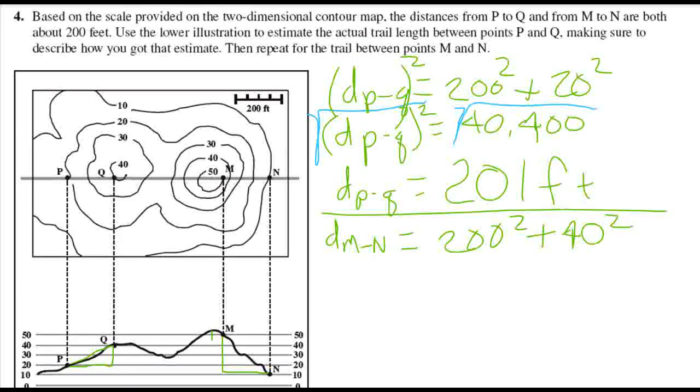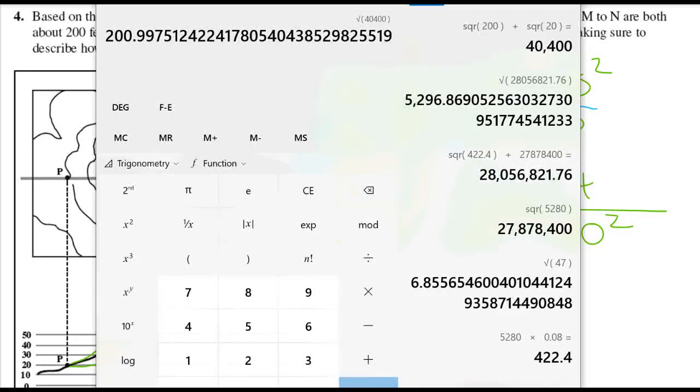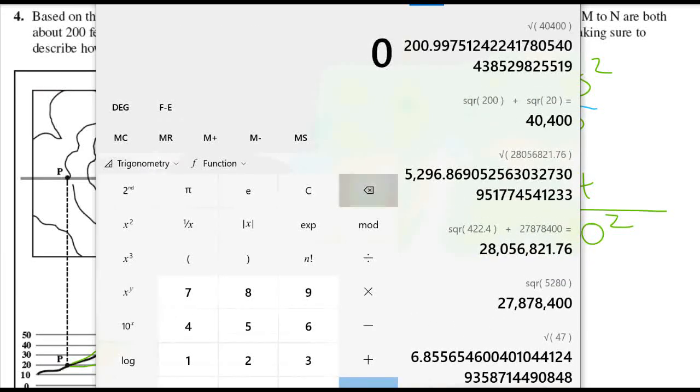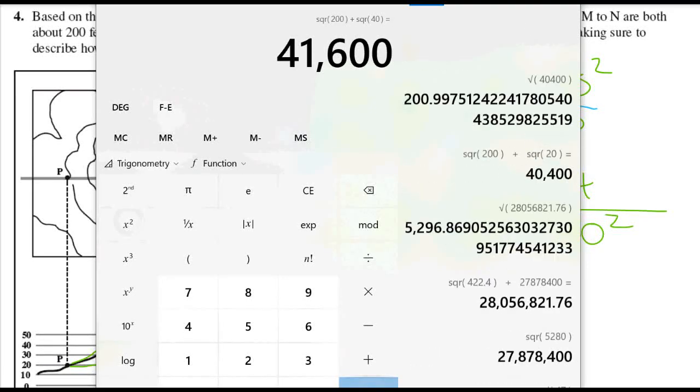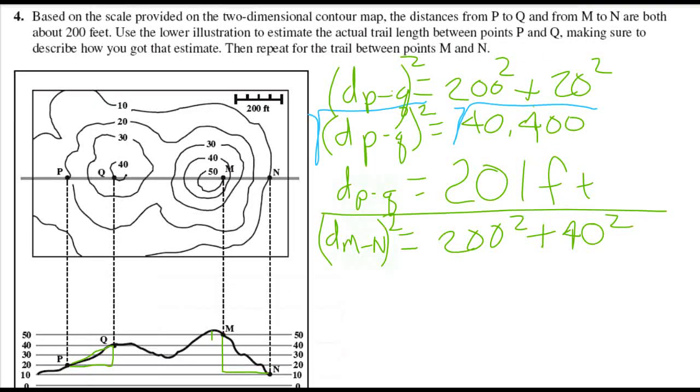So that's 40 squared. But that gives me the square of that distance. So for M to N, 200 squared plus 40 squared equals 41,600.